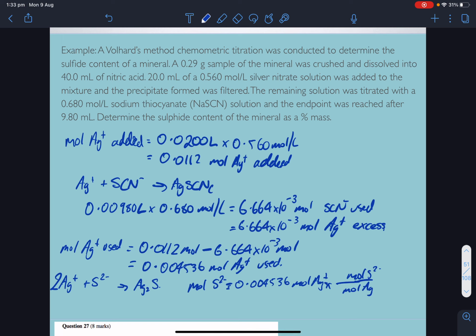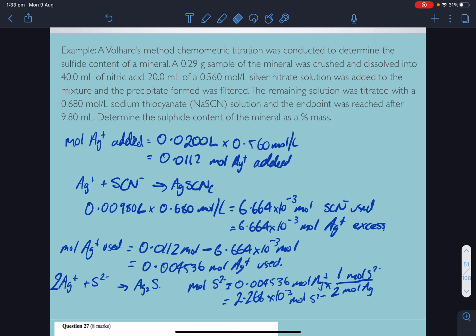So we're going to divide that by 2, or multiply by half. That gives 2.268 times 10 to the negative 3 moles of sulfide present.